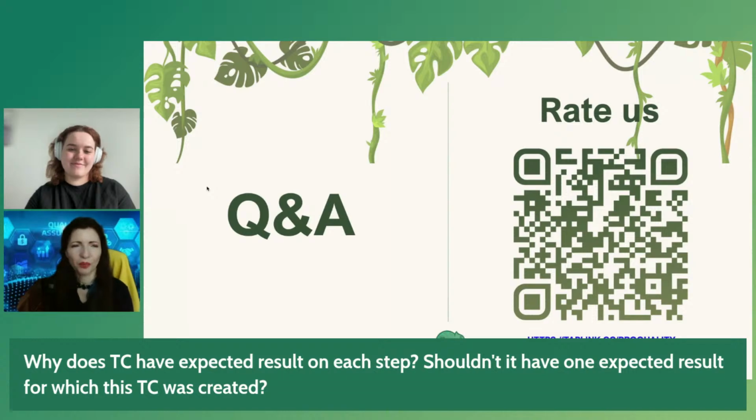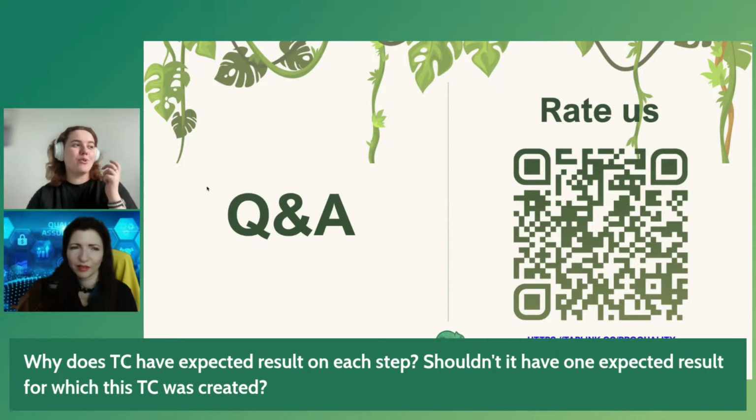Now, the next one. Why does the test case have an expected result on each step? Shouldn't it have one expected result for which the test case was created? Yeah, it's a good question because I know that on different projects there are different approaches, but based on my experience, it's better to write an expected result for each step of the test case.